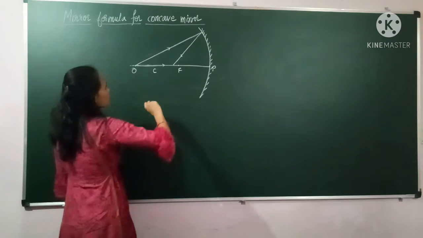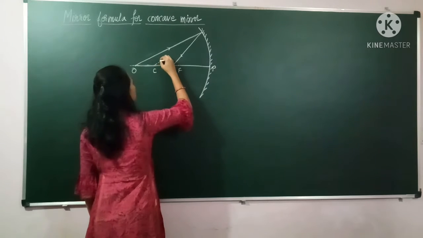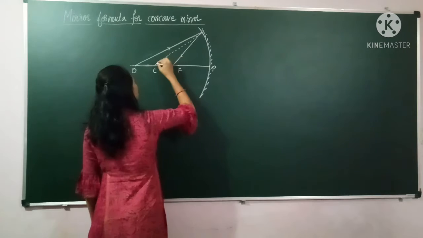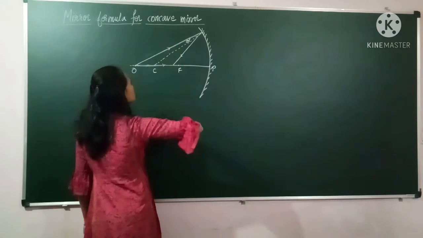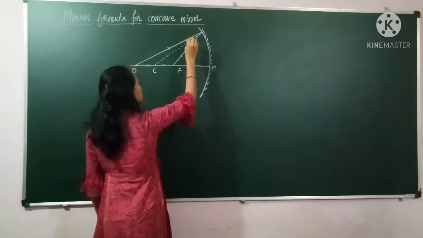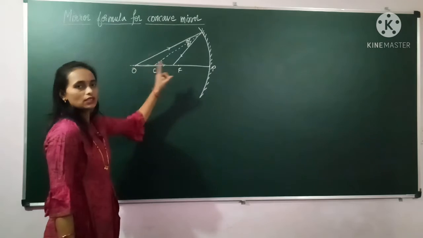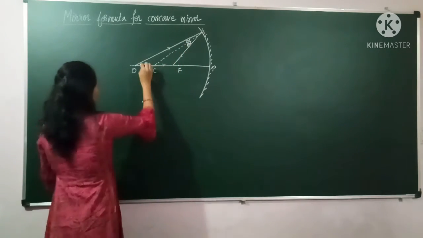Now if we want to find the angle of incidence and angle of reflection, we will draw the normal, and the normal is always drawn from the center of curvature. So this is our normal, and this angle is the angle of incidence. We will mention it as theta, and this is the angle of reflection, and this angle is also theta, because the angle of incidence is always equal to the angle of reflection. So both the angles are theta.